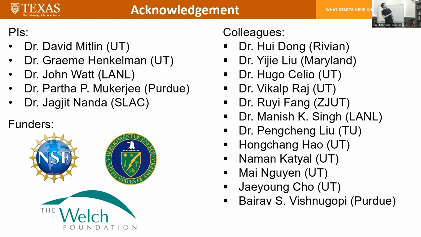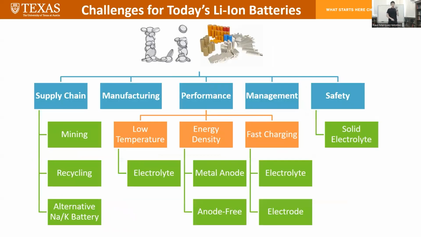And last but not least, Jackie Nana from Slack, who provides us with both funding and a lot of discussion and guidance. Also, a lot of my colleagues, Huidong, who right now is an engineer at Ribbon, and EGA, a postdoc at University of Maryland, and Hugo, who is an SPS expert at UT-Austin. Also my colleagues Hong Chang and Rika, who is sitting here.